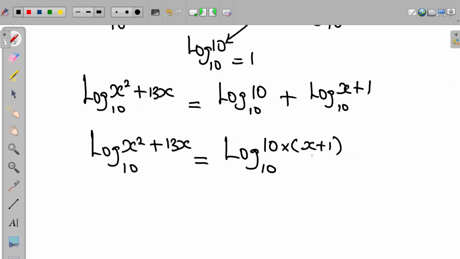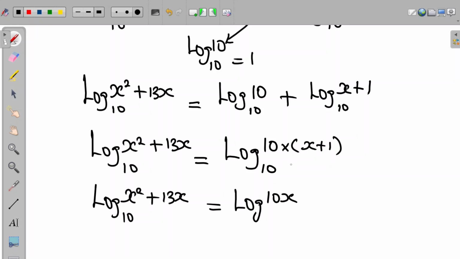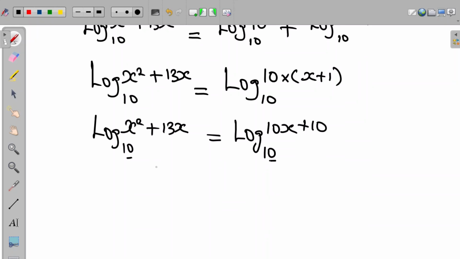Now we use the 10 to open up the bracket, so this becomes log(x² + 13x) in base 10 is equal to log of (10 times x is 10x, 10 times 1 is 10), all in base 10. Now since we have the same base, which is base 10, the equation now becomes x² + 13x is equal to 10x + 10.